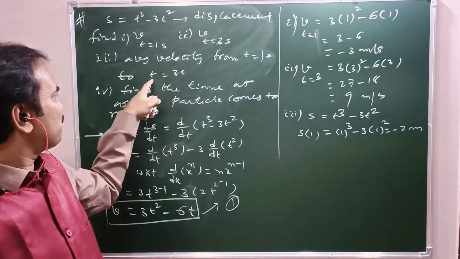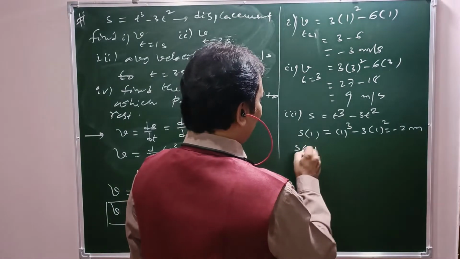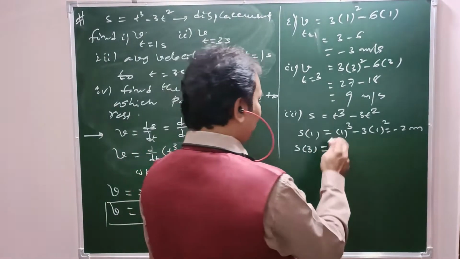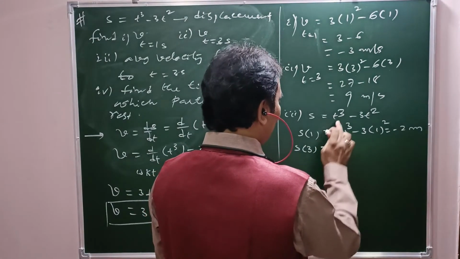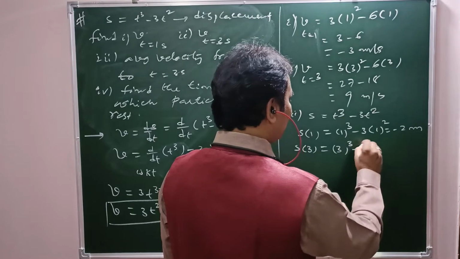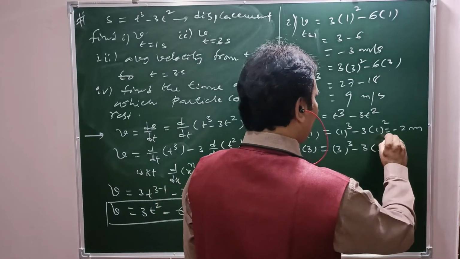Now what is the displacement covered in the first 3 seconds? That is S of 3 equals 3 cube minus 3 into t square, where t means 3. So 3 square.